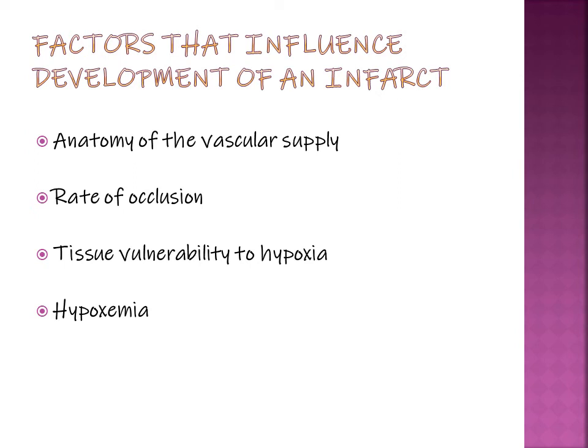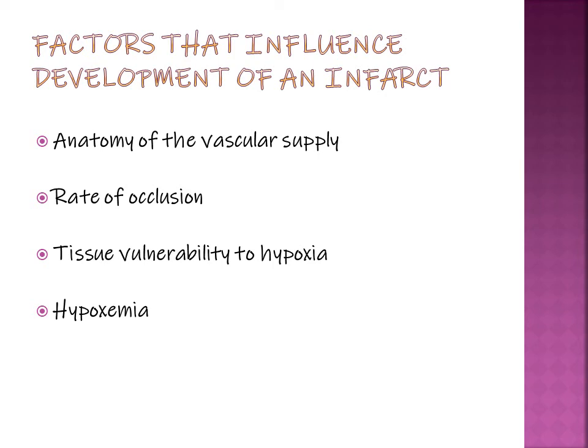The third important factor is tissue vulnerability to hypoxia, and this is particularly true for the permanent cells, for example the neurons and the myocardial cells. The neurons can undergo irreversible damage from hypoxia even if they are deprived of blood supply for 3 to 4 minutes.